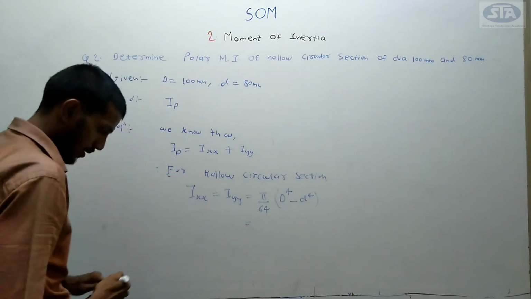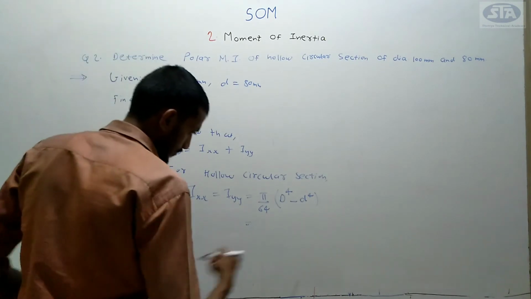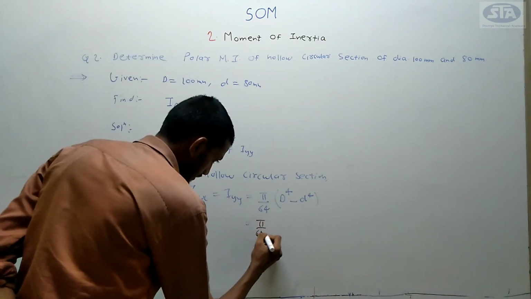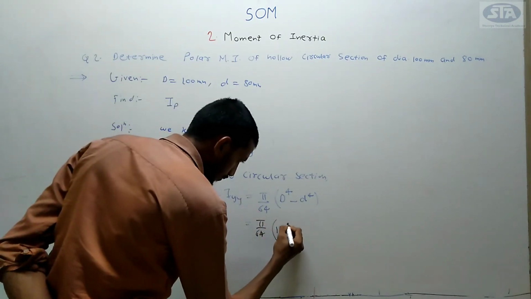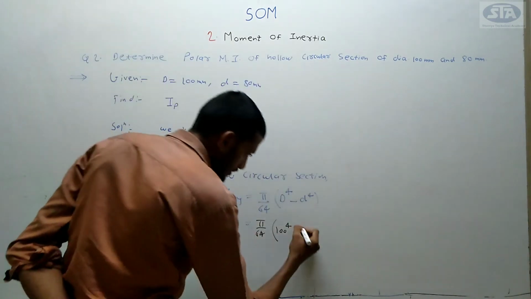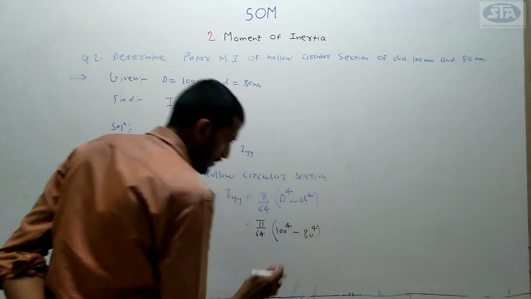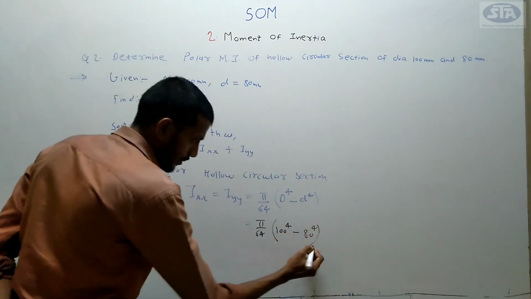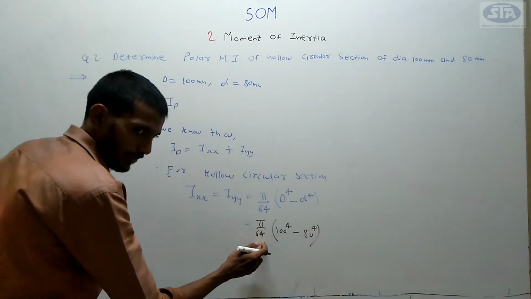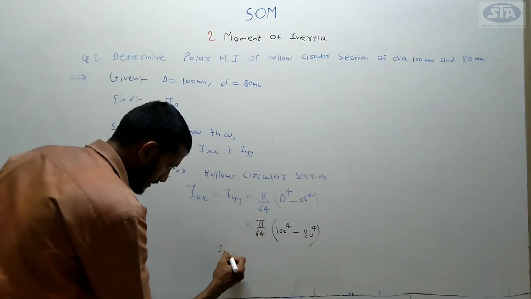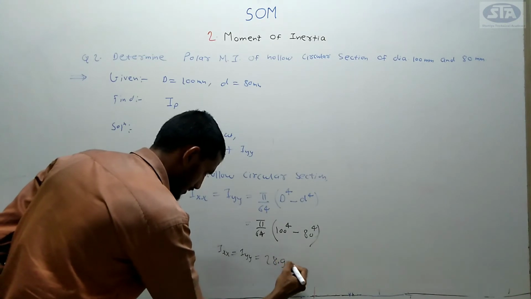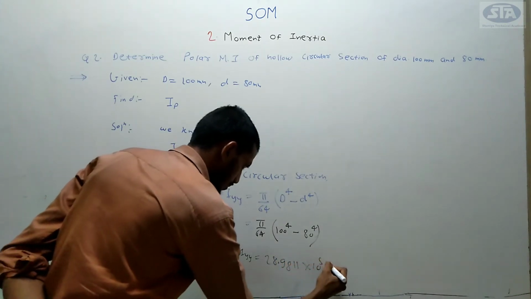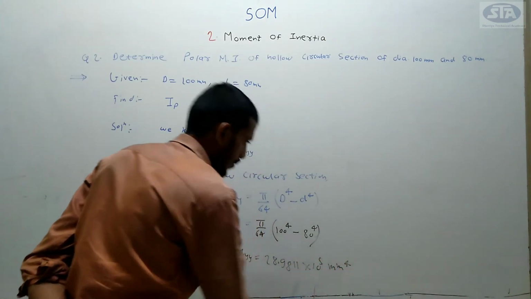So pi by 64 as it is, capital D is 100, so 100 raised to 4 minus small d, which is 80 raised to 4. Calculate this term and multiply with pi and divide by 64. You will get Ixx equal to Iyy equal to 28.9811 into 10 raised to 5 mm raised to 4.